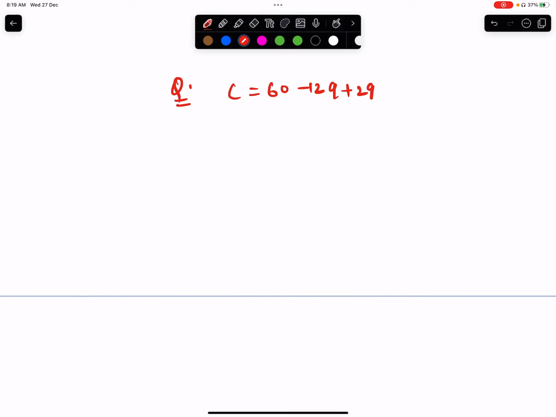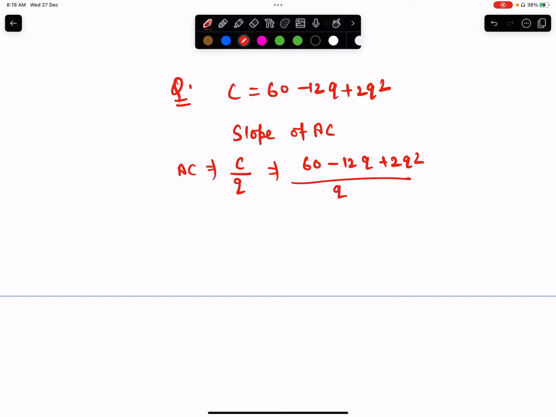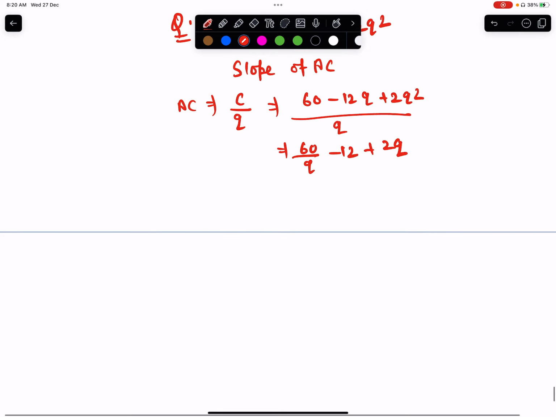What do we have to find? We have to find the slope of AC. What we will do is, first we will find the average cost, that is C by Q, that is 60 minus 12Q plus 2Q square divided by Q. That is 60 by Q minus 12 plus 2Q. So the average cost is this.